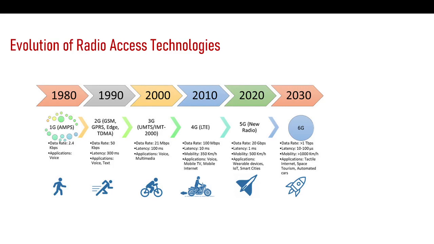So when you look at these icons, you can see they clearly show the different speeds that we are using. You are walking, you are just running, you now have the bicycle, you have a motorcycle that is now faster on 4G because you have higher capacity, you can push more data, and even less latency.